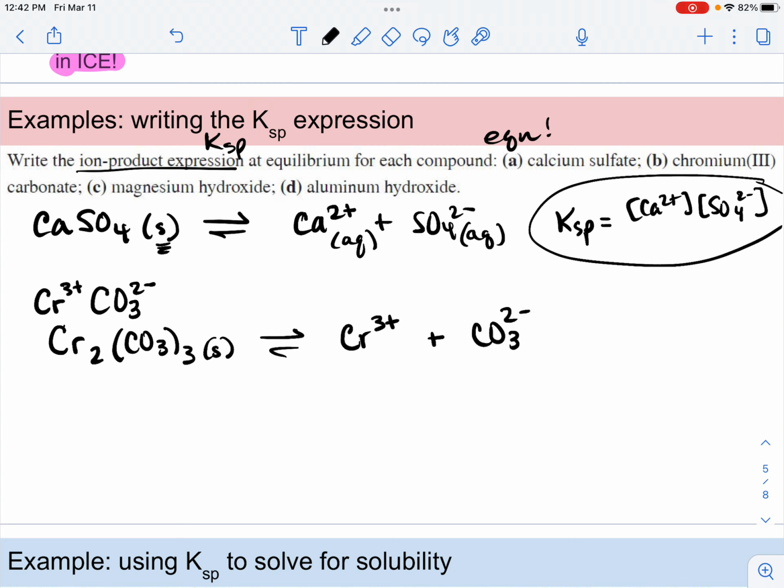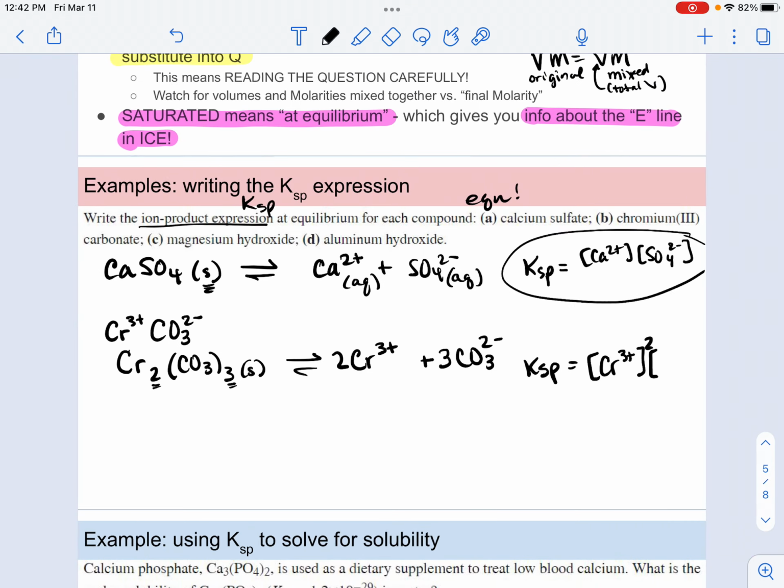And this has to be a balanced equation, so I need 2 of the chromium 3s and 3 of the carbonates. So for this, KSP would equal chromium 3+ squared from the coefficient times carbonate, CO3 2-, cubed from the coefficient. Okay? And so this would be the KSP expression for chromium 3 carbonate.